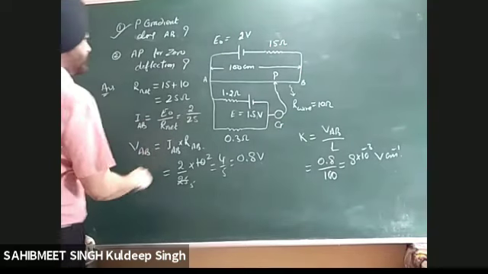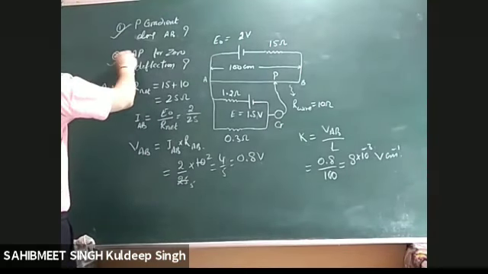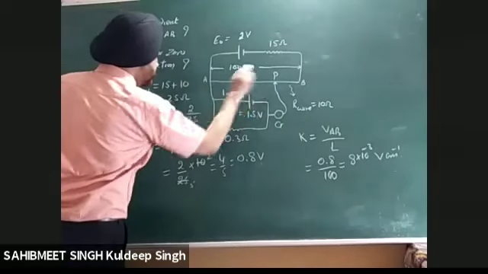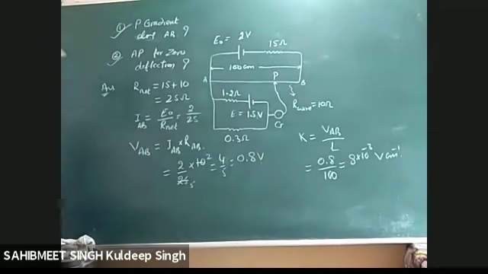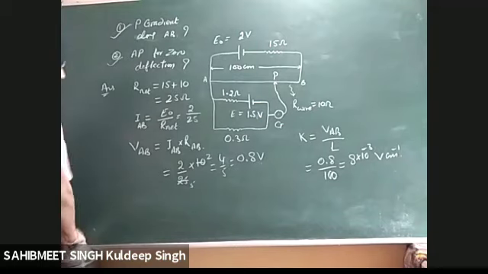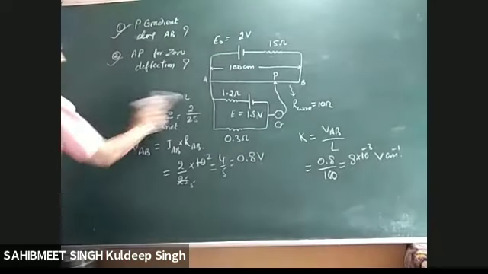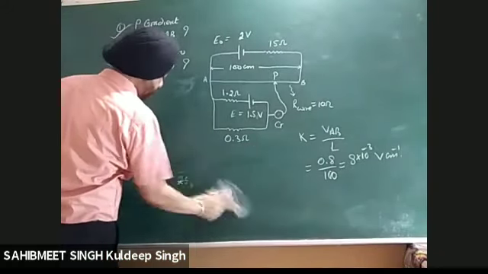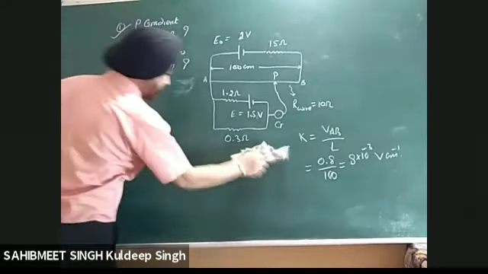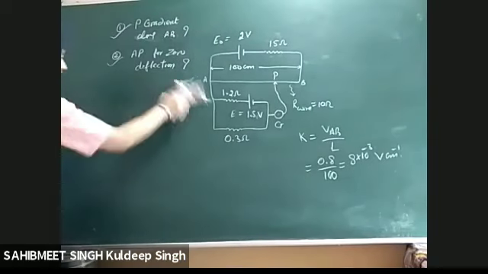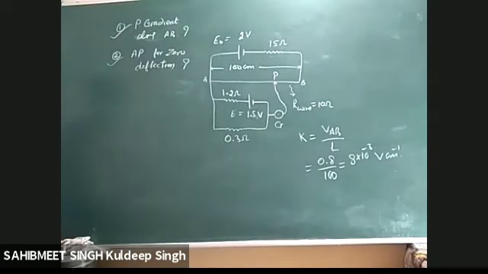And now the question is, what is the length of AP so that the galvanometer shows zero deflection? How to do that? Let us find out. Think about it. Think, think a little. What to do? Now let me tell you one thing.